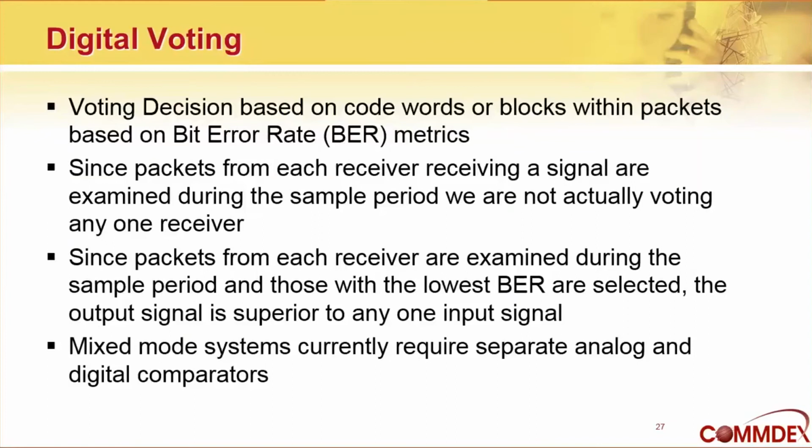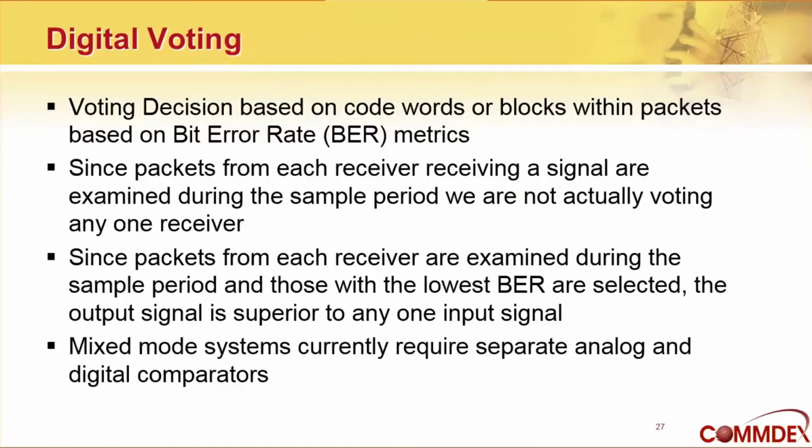So since packets are coming in constantly from all the receivers, we're looking at them continuously. We don't always continually vote one receiver. We'll select one packet at one instant and possibly another packet in another instant from another receiver.